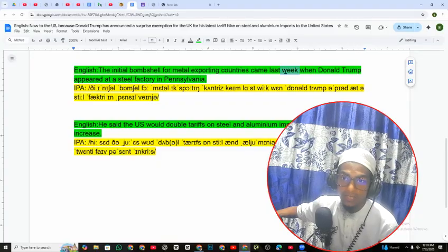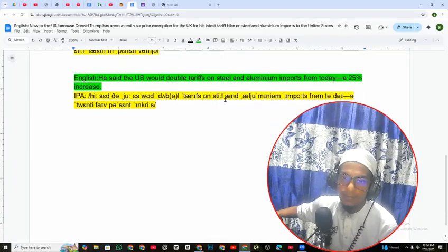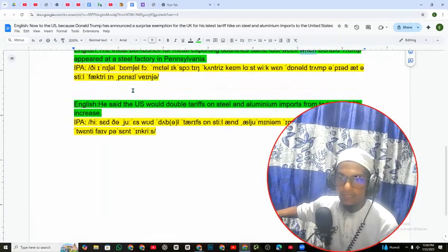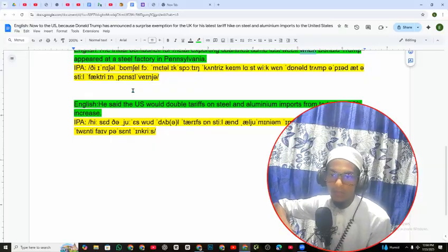Last week, when Donald Trump appeared at his steel factory in Pennsylvania, he said there was a double tariff on steel and aluminium imports from today, a 25% increase, not "increase", it's "increase".